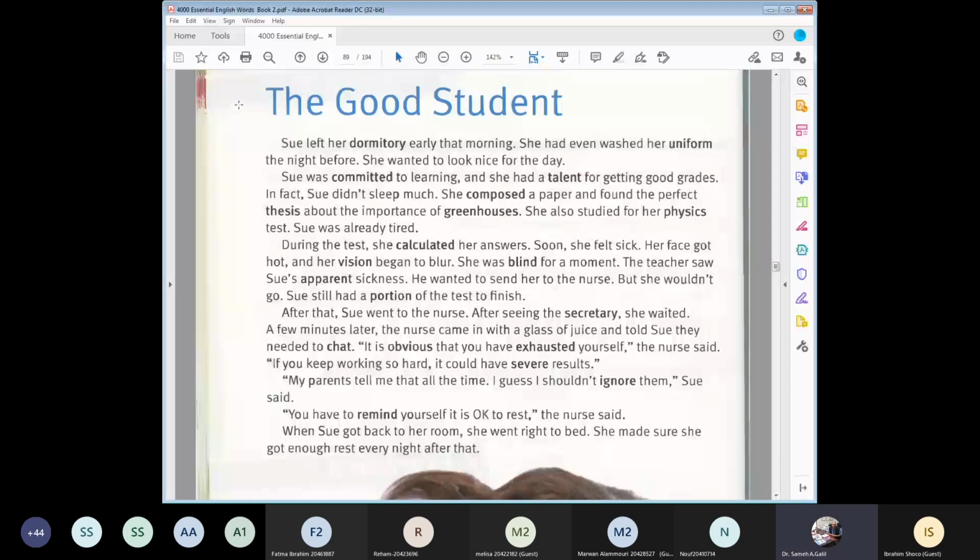One word that you like. I mean, perhaps you didn't know about before. So, what is your word of the day? For me, severe. Severe. Is it new? And the word obvious. Okay. Anybody else?